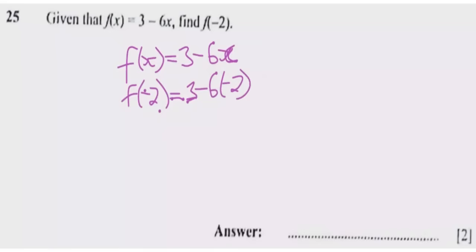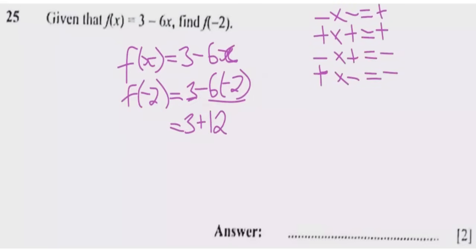Then what we do now, we say equal to, then we write 3. First we evaluate what is in the brackets, remember BODMAS. Then negative 6 times negative 2 will give us positive 12. Then when we find the value of 3 plus 12, it will give us 15, and that is the final answer.